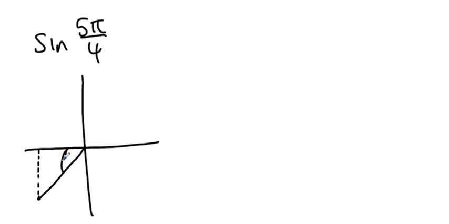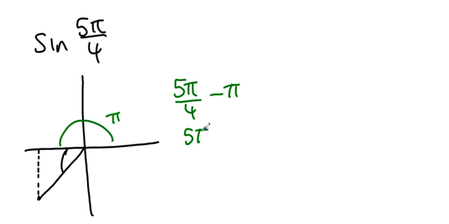How big is that reference angle? Well, this is pi, so if I have 5 pi over 4 minus pi, that's 5 pi over 4 minus 4 pi over 4, that's 1 pi over 4. This reference angle is pi over 4.